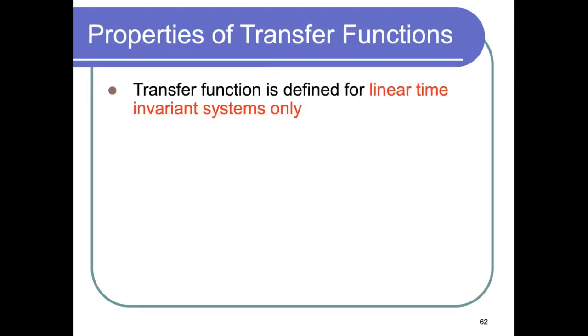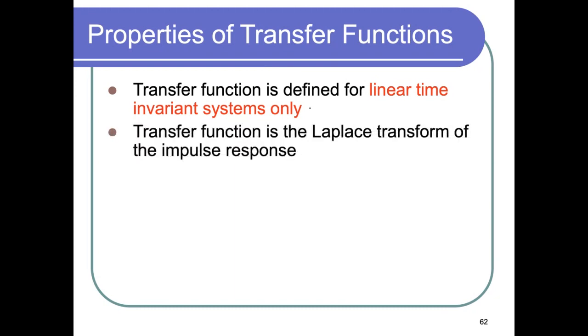So what are the properties? The transfer function is defined for linear time invariant systems only, which are the kind of systems we use in this course. The transfer function is the Laplace transform of the impulse response. We talked about the impulse function because its Laplace transform is 1.